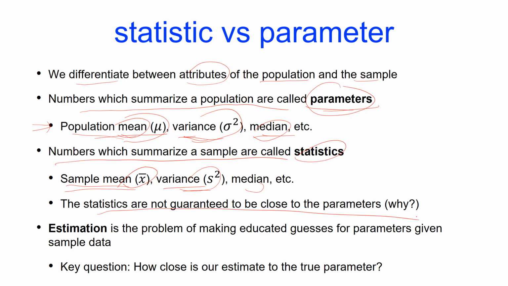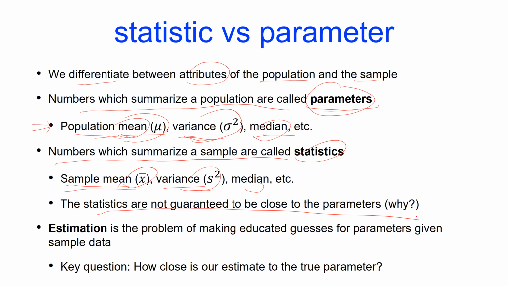Why do statistics not guarantee to be close to parameters? They can have a huge difference. For example, if I want to understand the height distribution of Indiana people, but my sample only contains, let's say, two people, of course the gap can be huge, right?